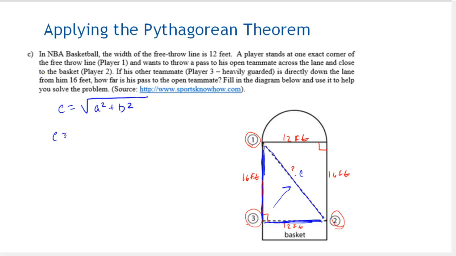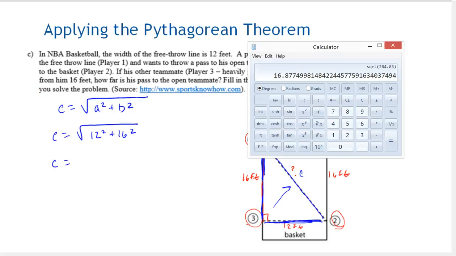Well, it doesn't matter which is a and b, so I'll start with 12 squared plus 16 squared. Okay. Now I'm going to find this value on the calculator. 12 times 12 plus 16 times 16 is 400.